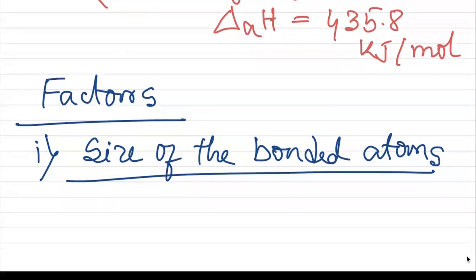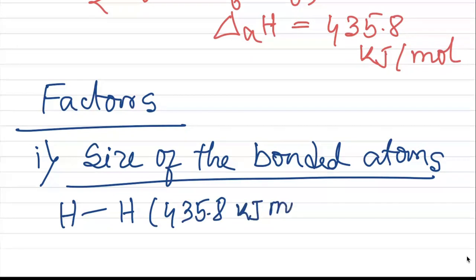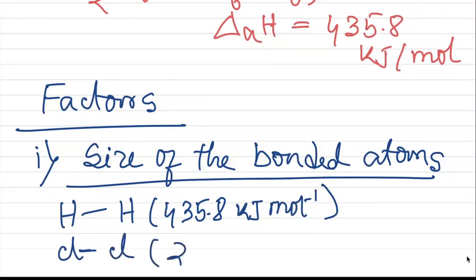Just like the hydrogen-hydrogen bond, to break hydrogen gas into hydrogen atoms, it requires 435.8 kilojoule per mole. Whereas to break the chlorine-chlorine bond, it requires only 443.5 kilojoule per mole, because the size of chlorine is much bigger than hydrogen.